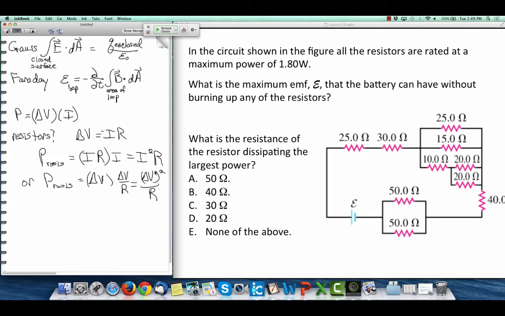You could say that this 20 ohm and that 20 ohm are in parallel with each other, and so you can replace them with a 10 ohm, it turns out. That 10 ohm is in series with this one, so you could replace that whole business right here with a 20 ohm resistor, the sum of those two. You can add those two together, then you end up with more things in parallel. These two are in parallel, you could replace them. There's a lot of calculations to do here.